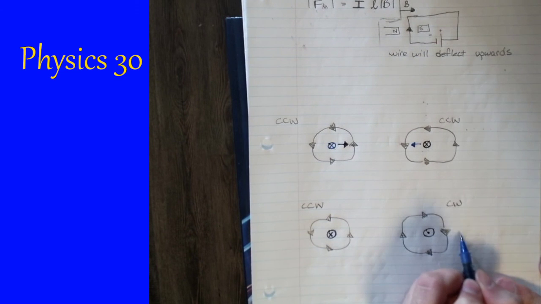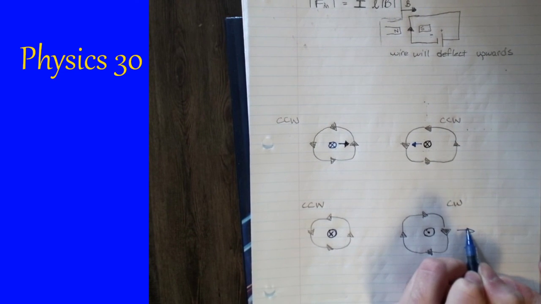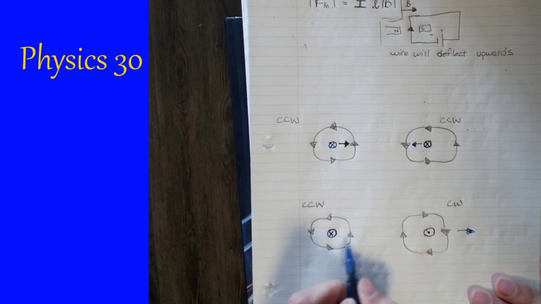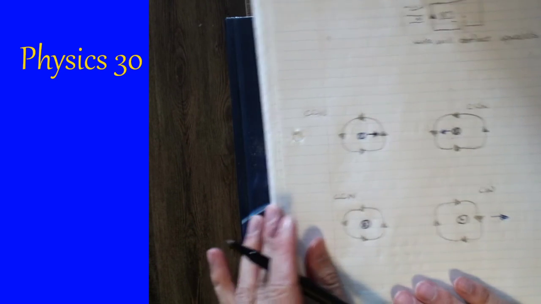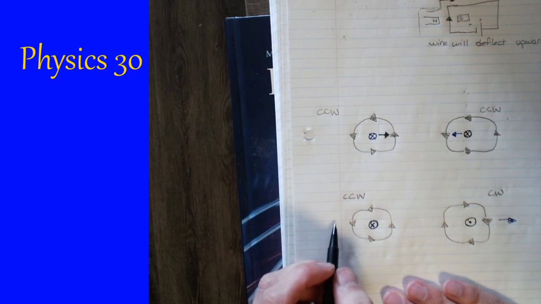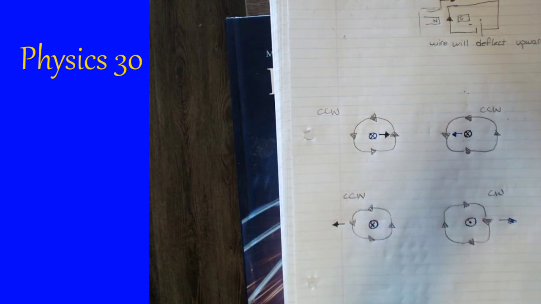And so, what we will find, and you can do the left-hand, right-hand rules yourself, is that this particular wire is pushed away by this magnetic field, and this particular wire here is also pushed away.